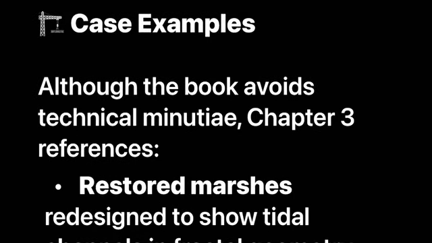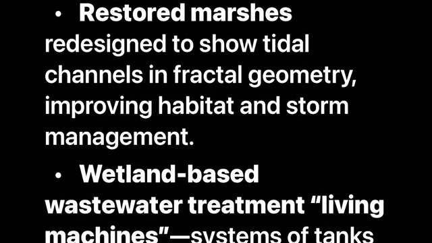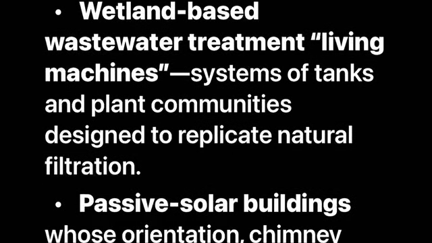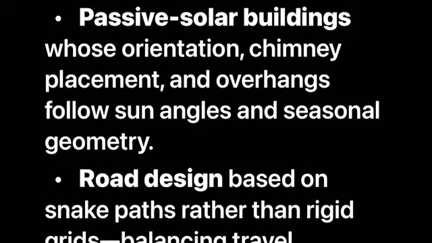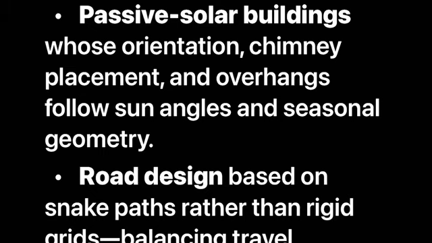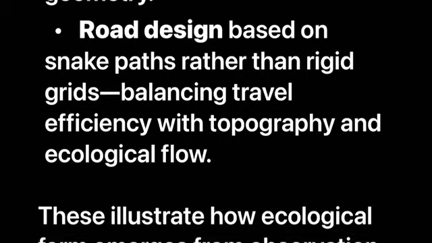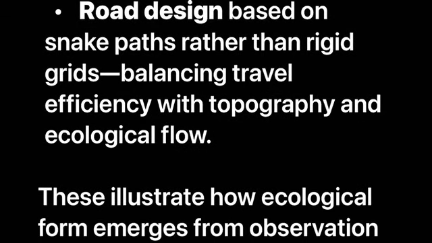Case examples. Although the book avoids technical minutiae, Chapter 3 references restored marshes, redesigned to show tidal channels in fractal geometry, improving habitat and storm management, wetland-based wastewater treatment, living machines, systems of tanks and plant communities designed to replicate natural filtration, passive solar buildings whose orientation, chimney placement, and overhangs follow sun angles and seasonal geometry, road design based on snake paths rather than rigid grids, balancing travel efficiency with topography and ecological flow.